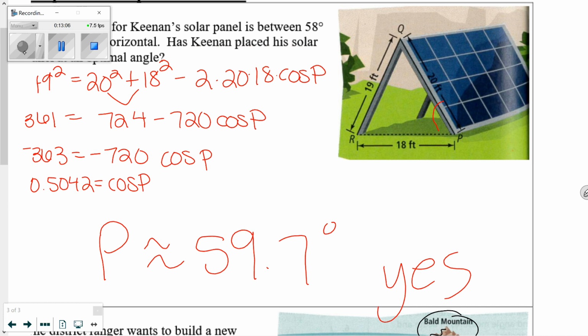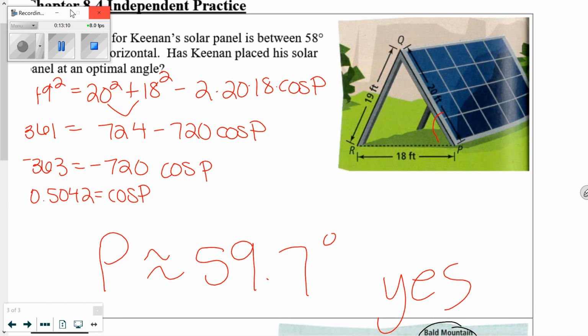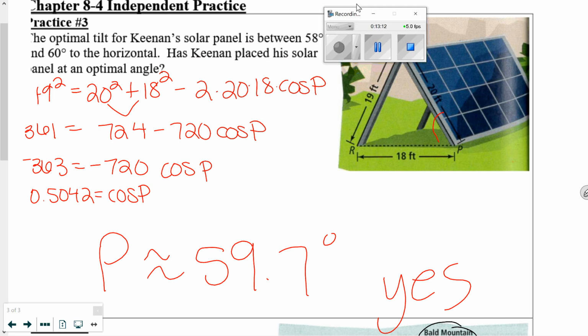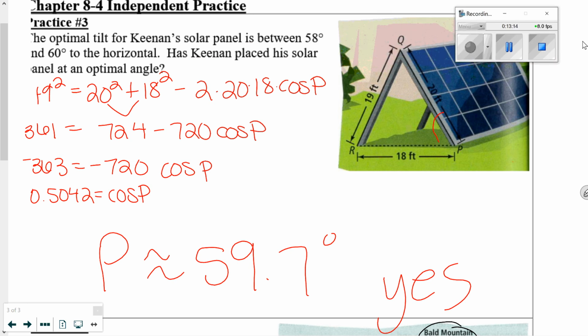What they found here is that if the solar panel is between 58 and 60 degrees at that angle, it's receiving more sunlight rays shining down on it. So that's why we wanted to find angle P, to make sure that it is receiving the sunlight it needs. Because it's at about 59.7 degrees and because it's between 58 and 60, that means the amount of rays hitting it is creating more power.